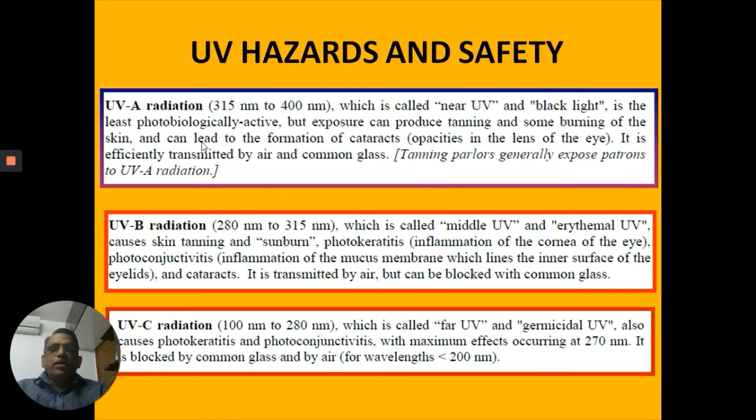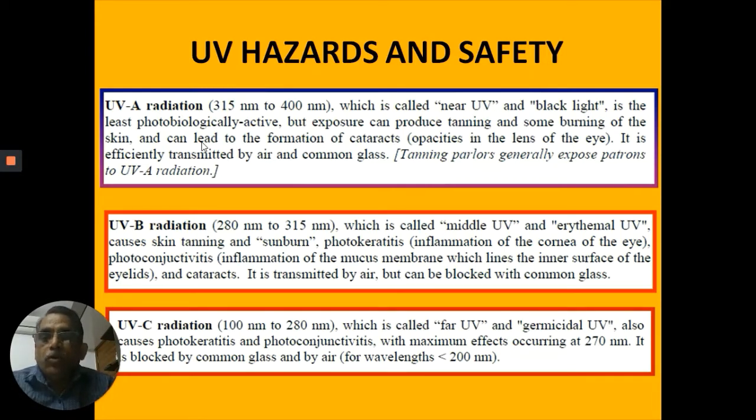Now, when you handle UV lights, you already know that UV lights are hazardous. So you should understand the hazards and also the safety procedures that you should follow when you handle UV light. UVA radiation, 315 to 400 nanometer, is near UV light, or otherwise you call it black light.